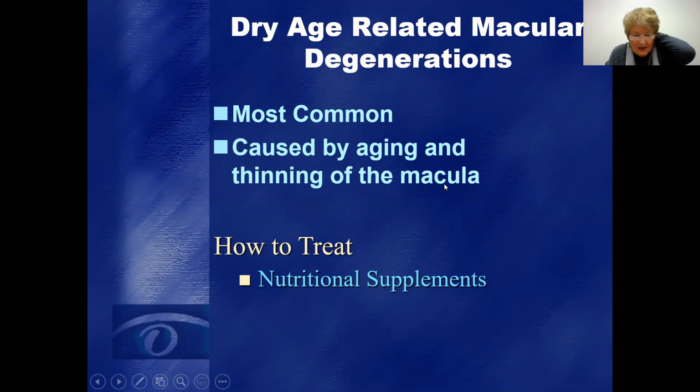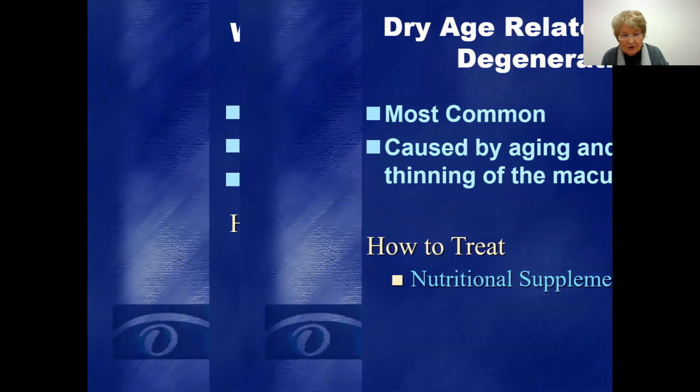We treat it with the AREDS 2 for macular degeneration. Anybody with a diagnosis of dry AMD will be on these AREDS 2 minerals and vitamins suggested by their ophthalmologist because they will help reduce the progression of moderate to advanced macular degeneration.